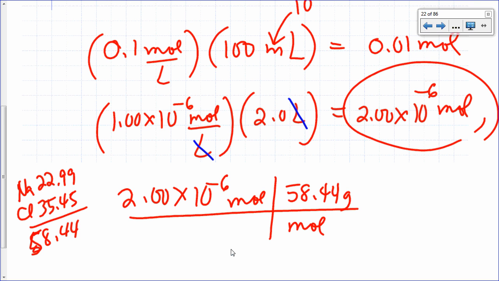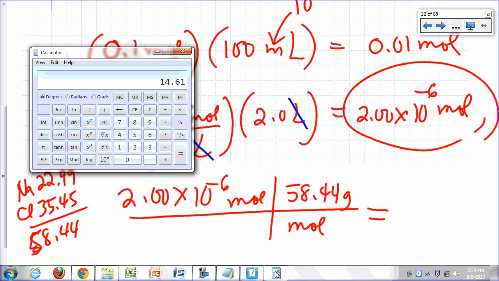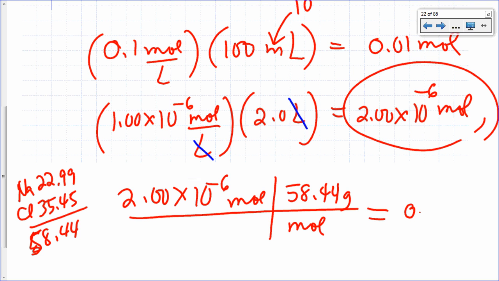And that gives us, let's see, 2 times 10 to the negative 6 times 58.44, so that's about a tenth of a milligram. So it's 0.117 milligrams.